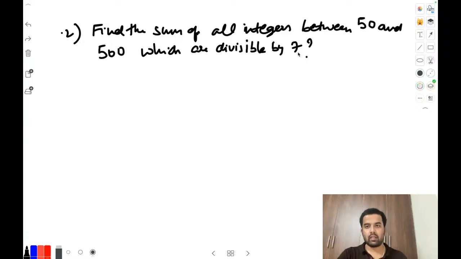Figure out this. 50 to 500. The range is given, 50 to 500. The numbers which are divisible by 7, we have to add all. So figure out what will come as an AP first. Here you have to write the AP first, then only proceed with the answers.